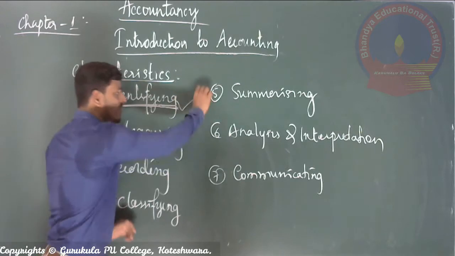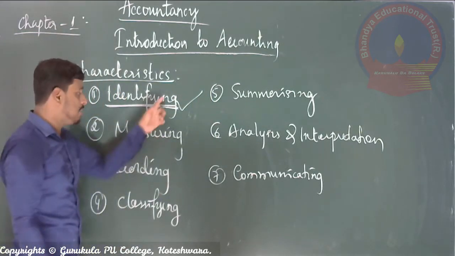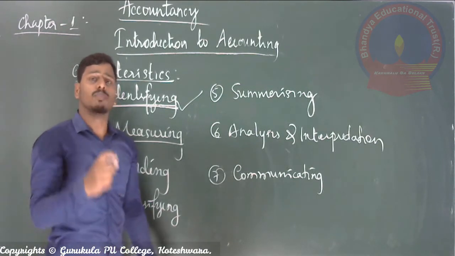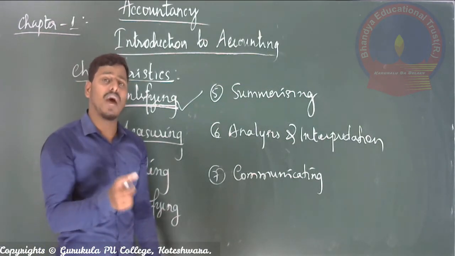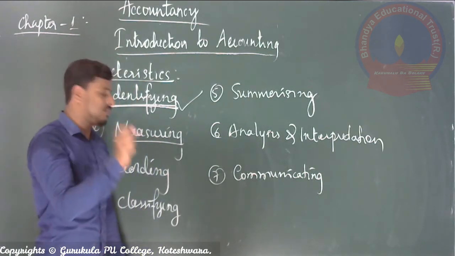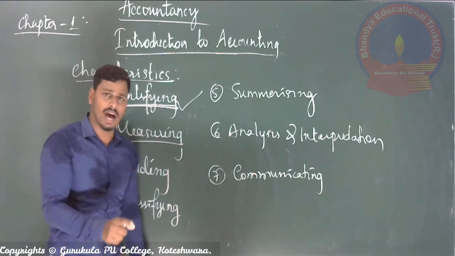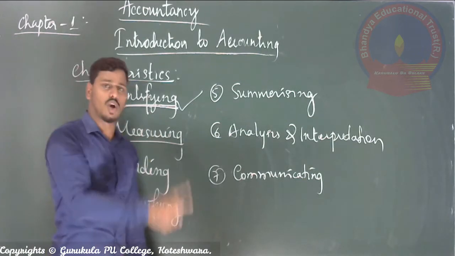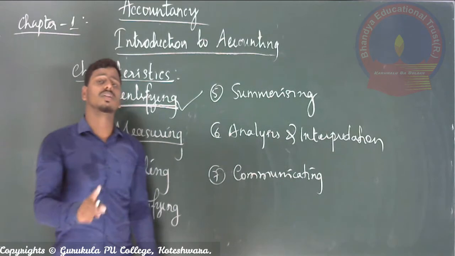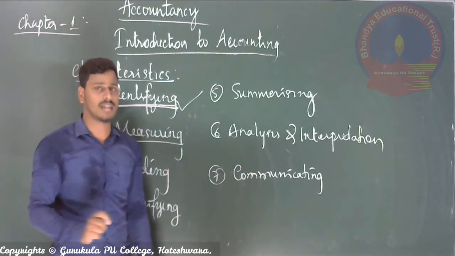Once that identification process is done, then immediately you have to check the monetary value of the transactions. As I told, if the transaction has monetary value, then only it is recorded. Otherwise, it will not be recorded because they are called non-economic transactions.